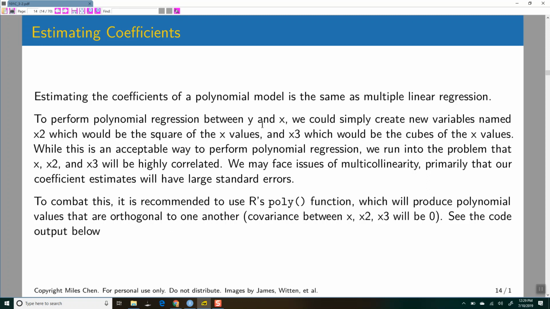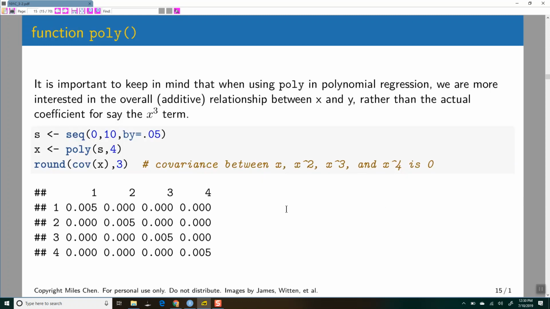When we do this, one thing we could do is take your x variable and just square it and cube it and things like that. An issue with that is you're going to get values that are highly correlated: when x gets bigger, x squared gets bigger, and x cubed gets bigger. So there's a function called poly in R, and that's going to create linear combinations so that they don't do that.